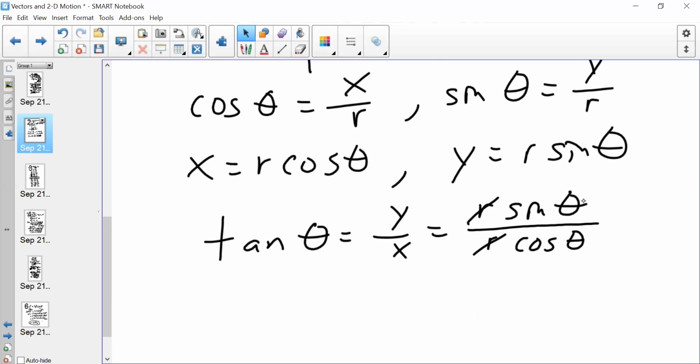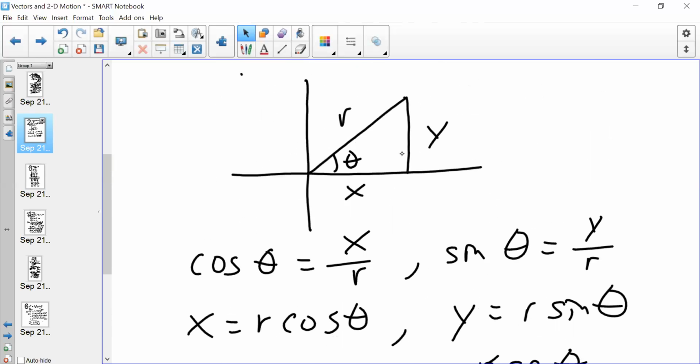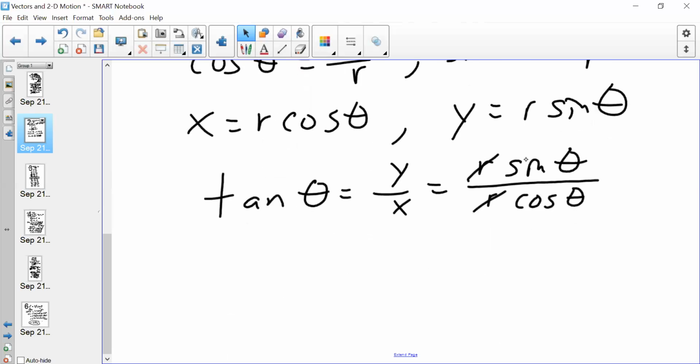Now the magnitude or the value of r is just going to be the Pythagorean theorem, and that's what we know in math, and then we need to take that same mathematical idea and translate that to a physical idea when we're trying to find the magnitude of a vector. The magnitude of a vector will be the Pythagorean theorem, the square root of the sum of the squares.